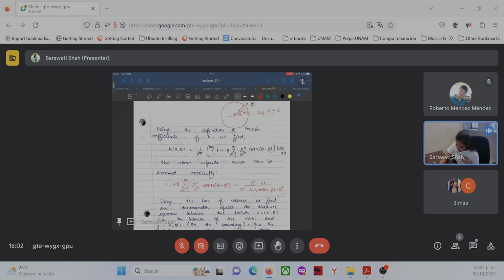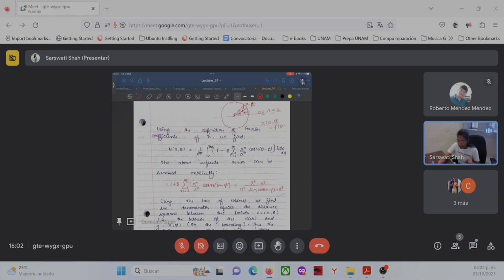So the distance between these 2 points, r is varying on this chord. So r and theta are variable, and (a, phi) are fixed, because (a, phi) are giving you the boundary condition u(a, theta) equals f(theta).